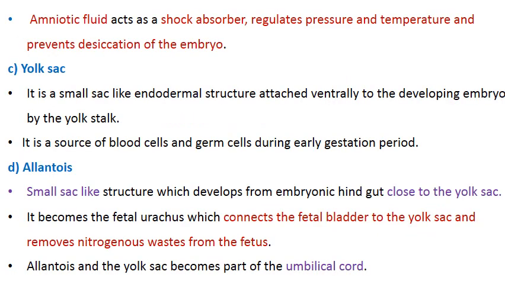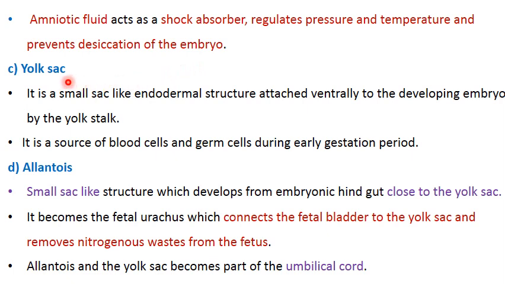So, what is the function of the amniotic fluid? It acts as a shock absorber because it provides a watery environment to the embryo. As a result, it regulates pressure and temperature and prevents desiccation, that is drying, of the embryo.